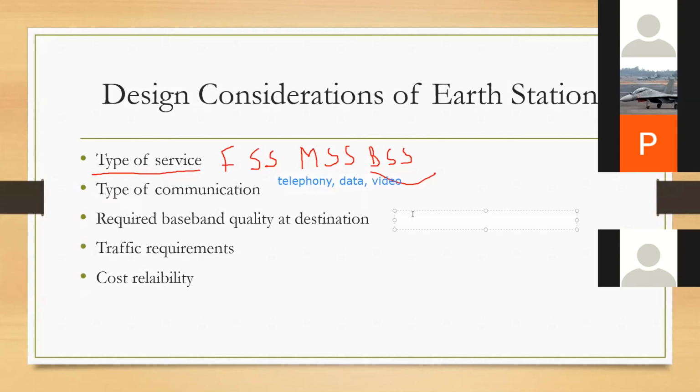That means depending upon the signal to noise ratio, the higher the signal to noise ratio, the more complicated or more costly will be the system. The traffic requirements, whether you have light traffic or a heavy data rate, will again decide what kind of earth station, and the cost and reliability.